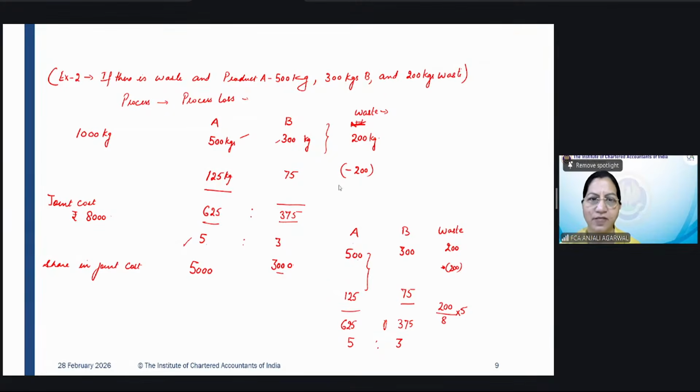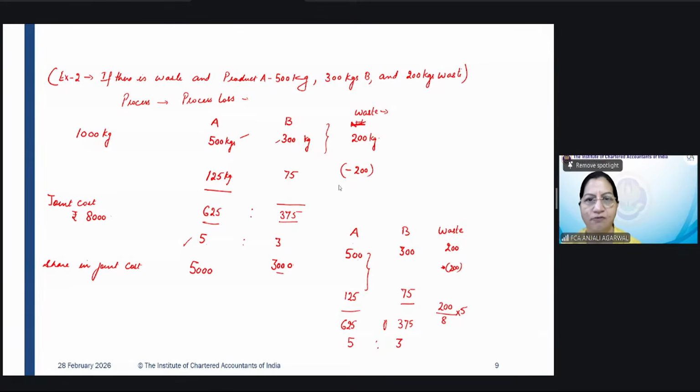So if this ratio is again 500 and 300, then your final answer will still be 5:3, which was before allocating the cost. But if the question says that the waste should be allocated amongst A and B in equal proportion, equal amount, so 100 kgs for A and 100 for B, then the ratio would have been 600 and 400.